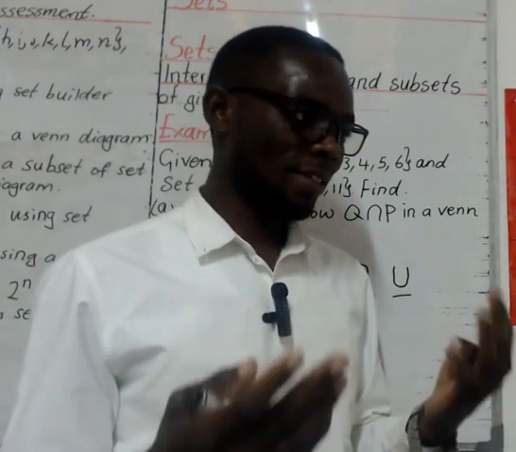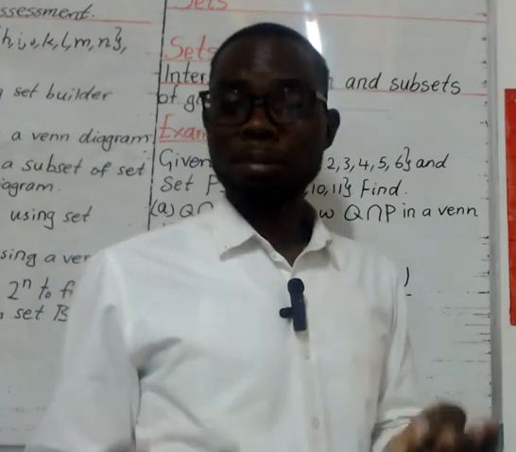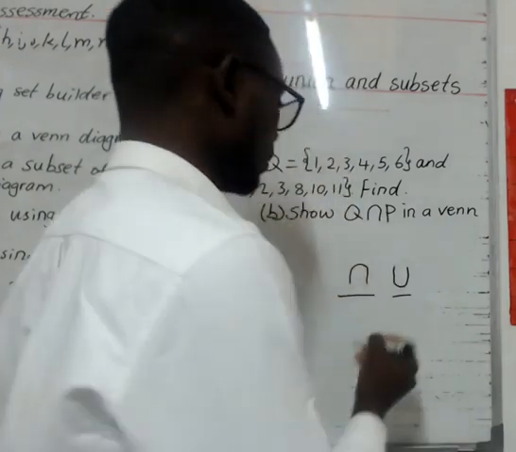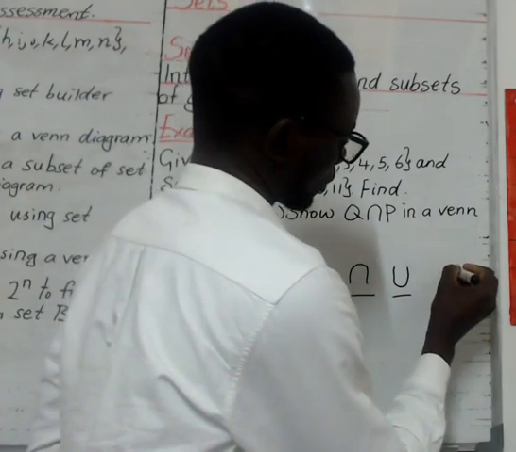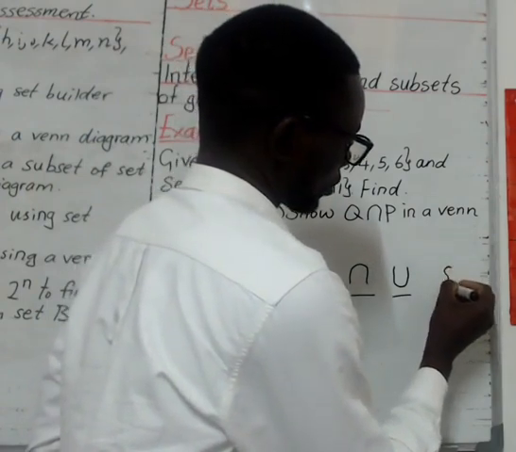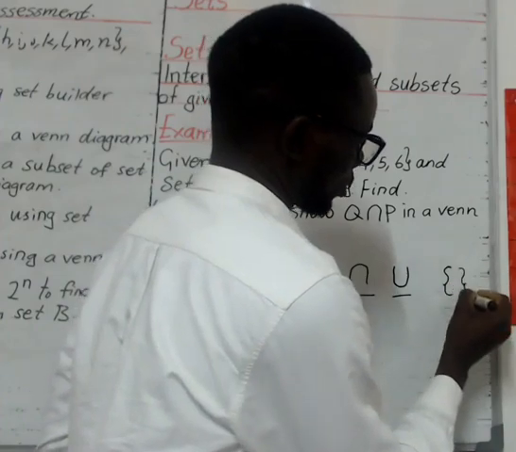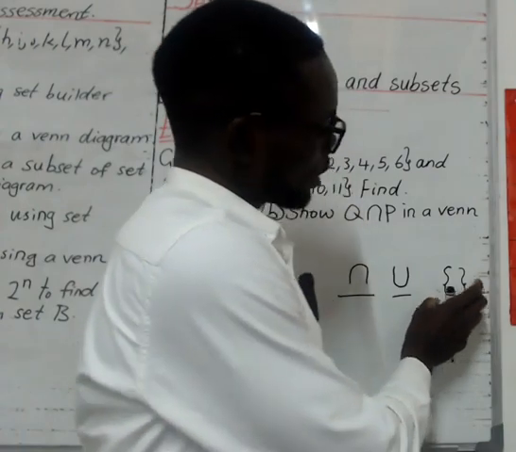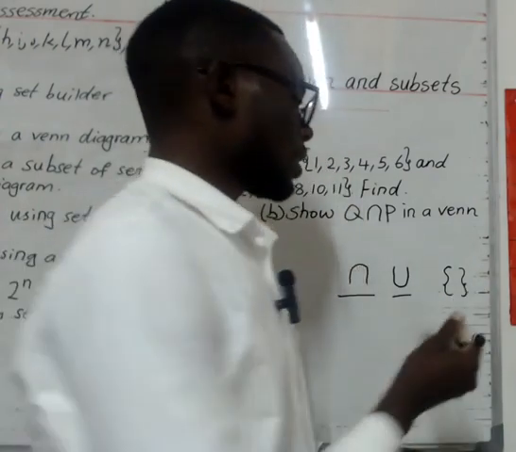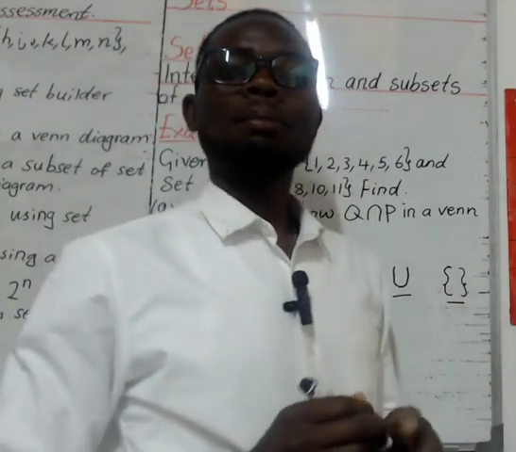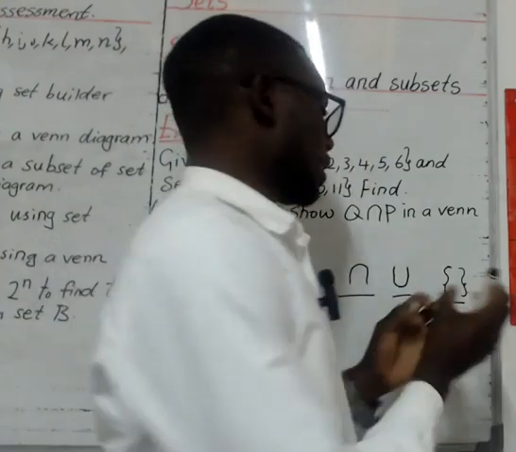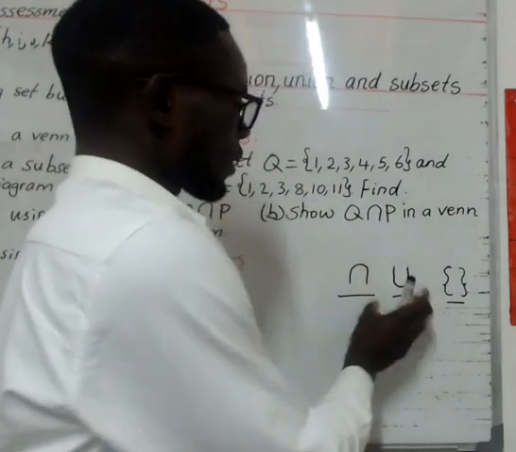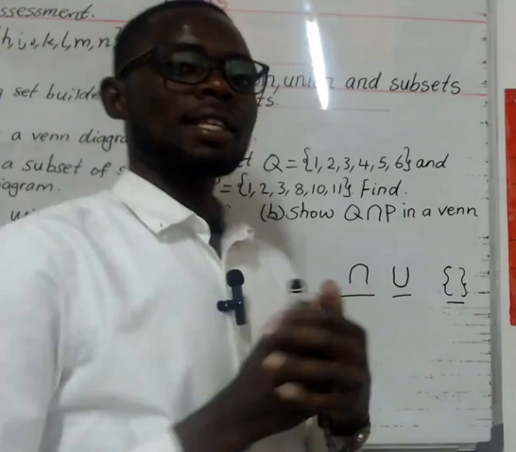So if it has nothing inside, we call it an empty set. These two braces, which have nothing inside, give us the symbol for the empty set.